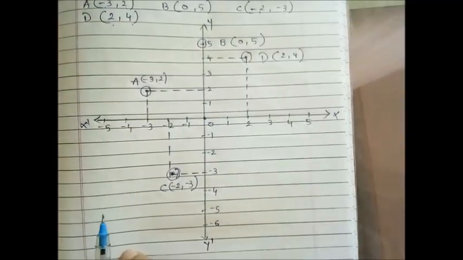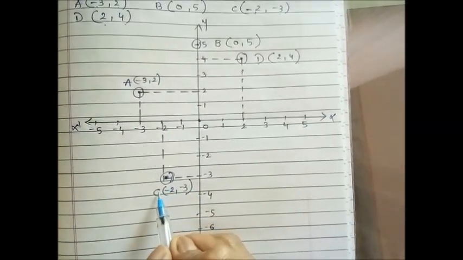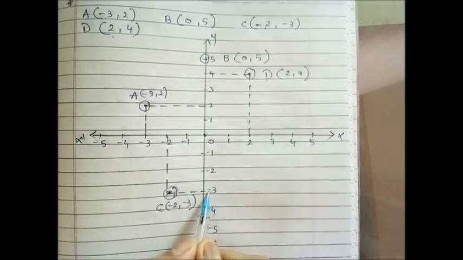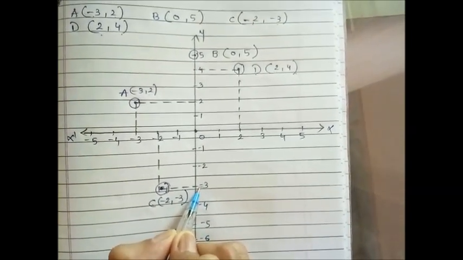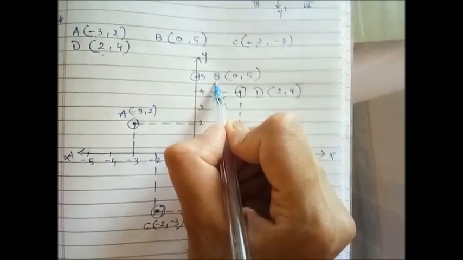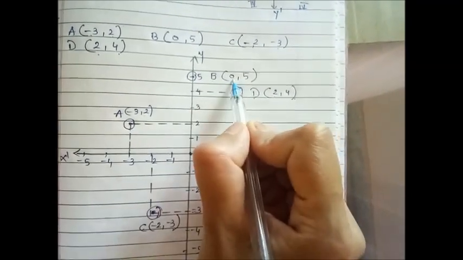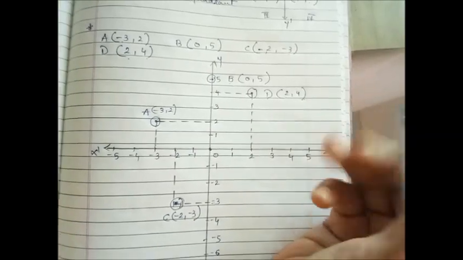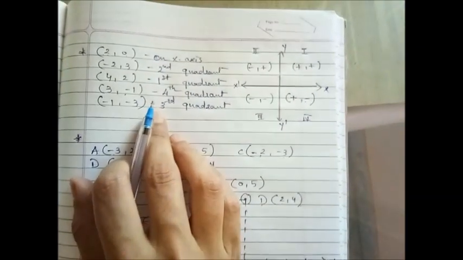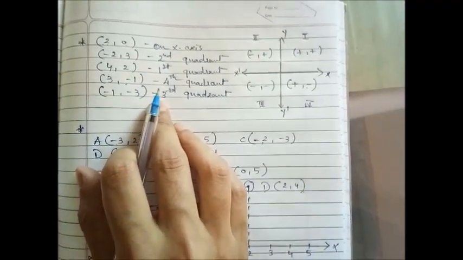If I say what are the coordinates of point C, so minus 2 and minus 3. If I say what is the abscissa for point B, abscissa means x coordinate, that is 0. So this way you can plot the points on a plane, you can identify the coordinates also, and you can identify the quadrant of given points.